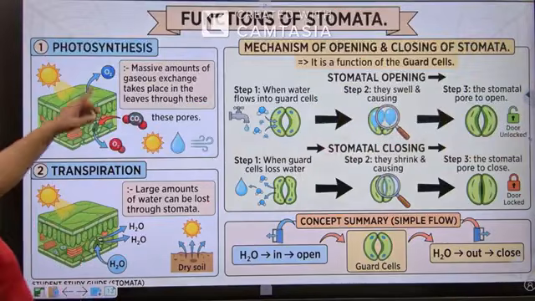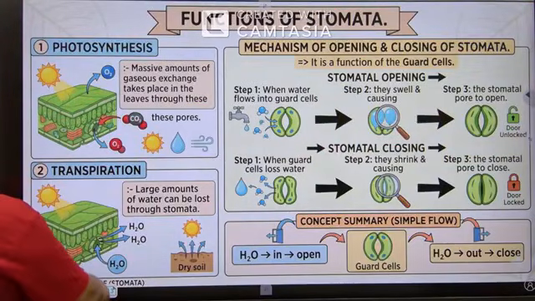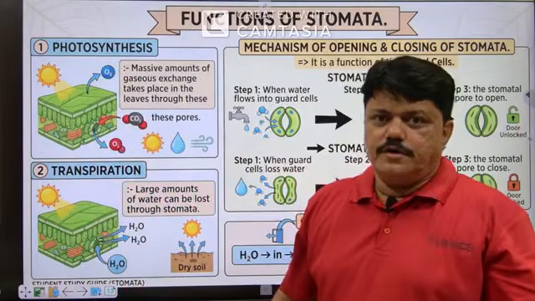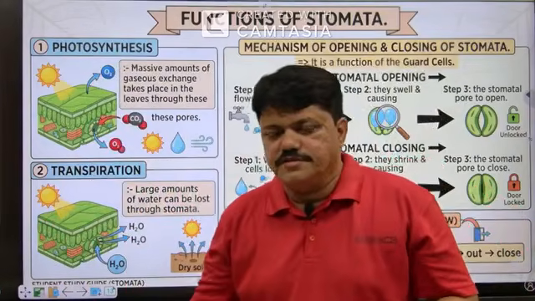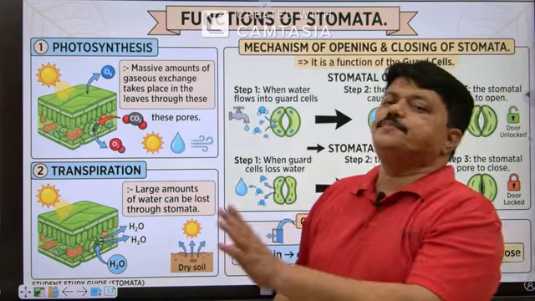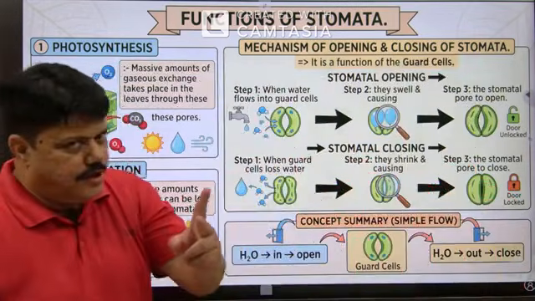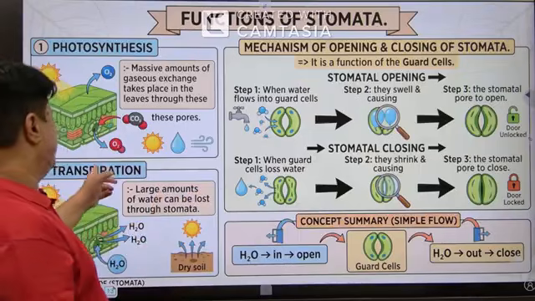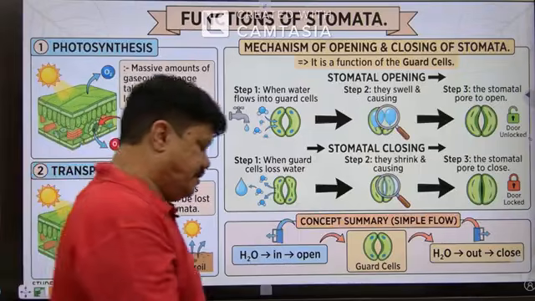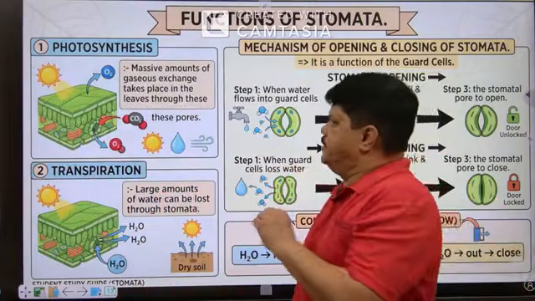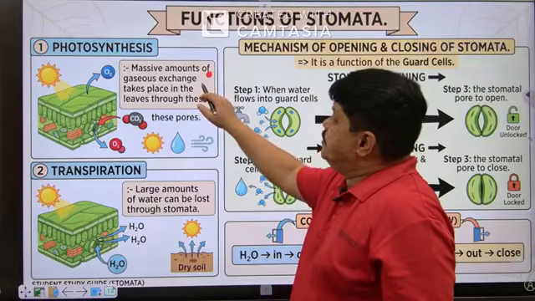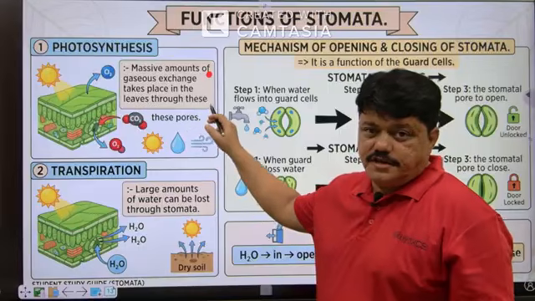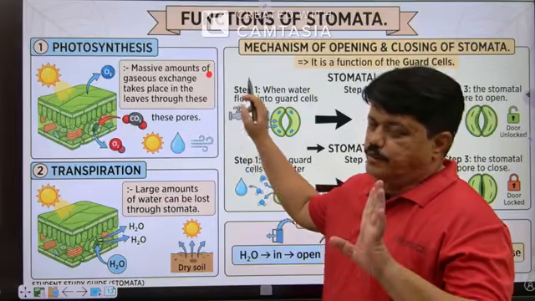Next, we'll go for functions of stomata. Stomata have a very important role in many physiological processes of the plant, but as per your textbook, in two physiological processes, photosynthesis and transpiration, the role of stomata is massive. Massive amounts of gaseous exchange take place during photosynthesis through stomatal pores.